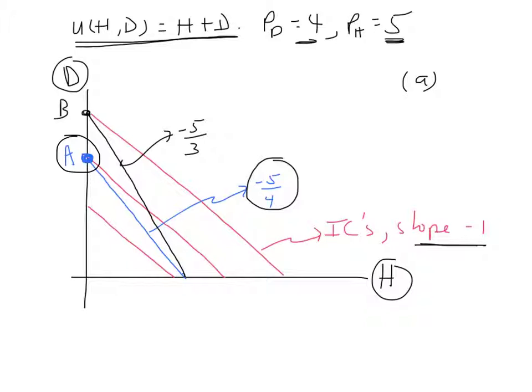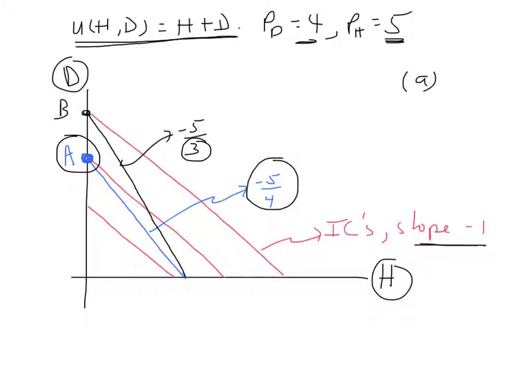That's the highest red indifference curve she can attain, given that the slope of the budget is steeper than the slope of the indifference curve. So we start with an optimal choice at point A. Next, we're supposed to consider what happens if the price of delphiniums falls to $3.